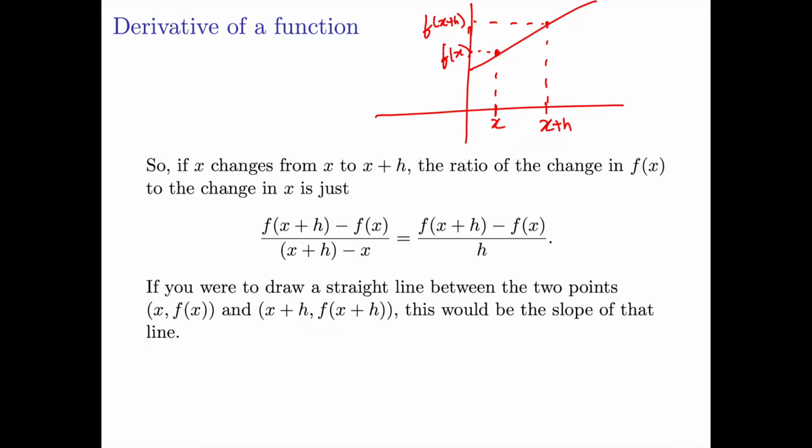So if you were to draw a straight line that goes through these two, the slope of that line would be exactly this. Remember, it's rise over run. How much does the value rise? It's the difference between f of x plus h and f of x. And how much does it increase? By h. And that's exactly what we've written down here.